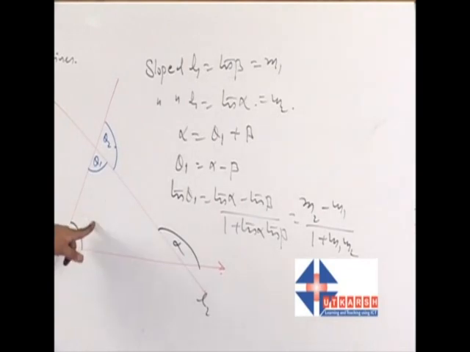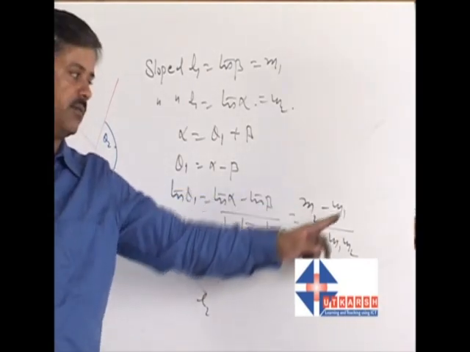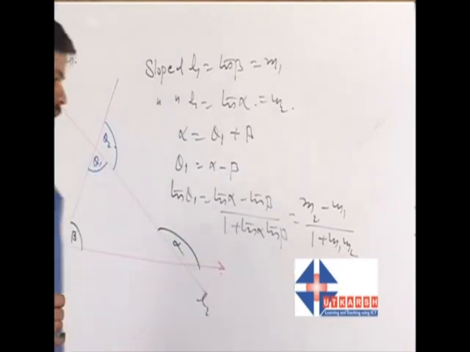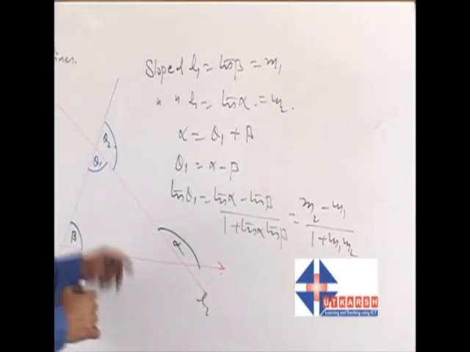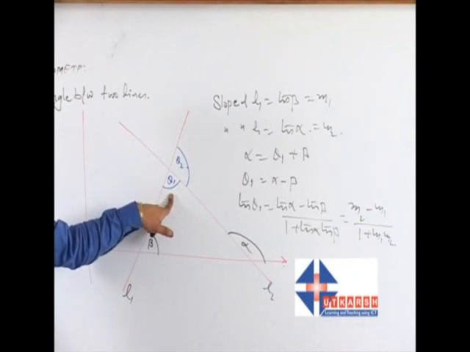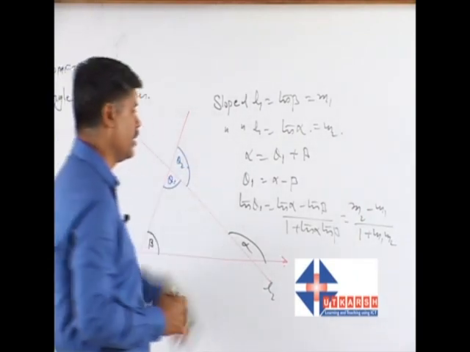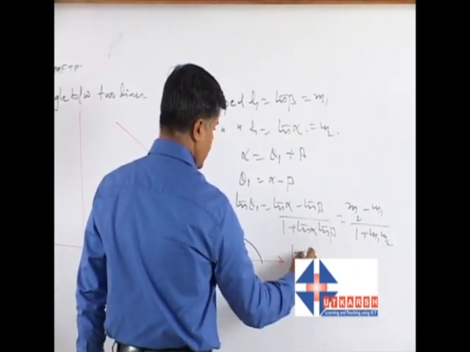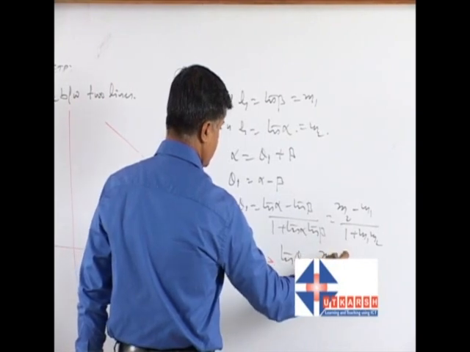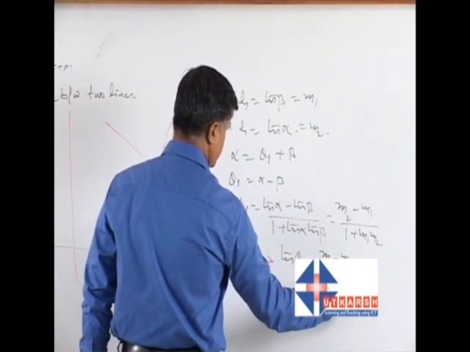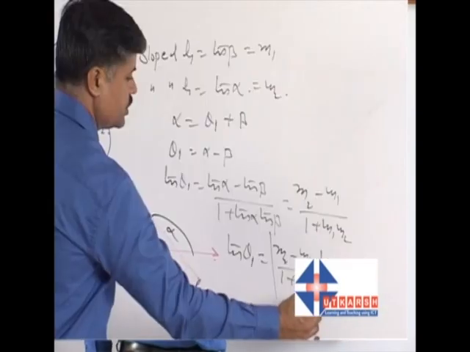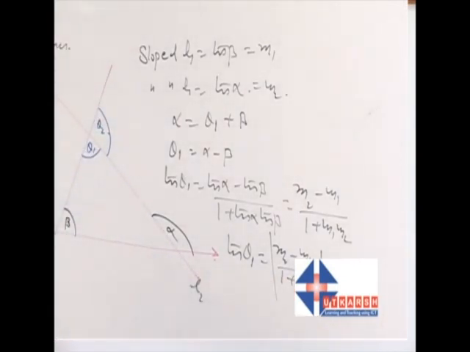Since the angle can be this or this, put modulus there. So tan of theta 1 is equal to modulus of M2 minus M1 upon 1 plus M1 M2. This is what you call the angle between two lines. Always take plus and minus. After that, depending on the requirement of the question, we will proceed accordingly.